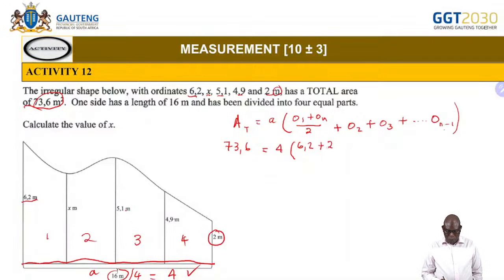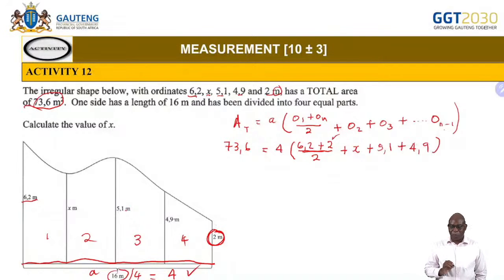So it's plus 2 all over 2. That's the only one that we're dividing by 2. Then O2, we write it as it is. It's X. O3, we write it as it is. It's 5.1. The last one will be 4.9. Please don't go and add the 2 because it's already done there. That's the mistake that we always make.